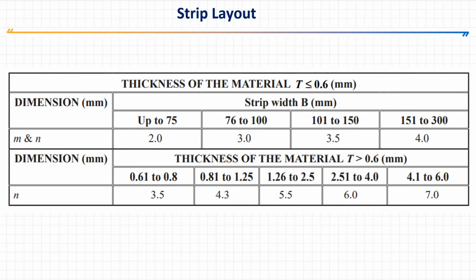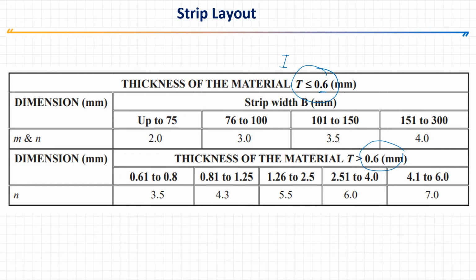When the sheet thickness is less than 0.6 mm, the value of n will be like this, and when the sheet thickness is greater than 0.6 mm, we can take the value of n like this. First I will consider the first part, when the sheet thickness is less than 0.6 mm.